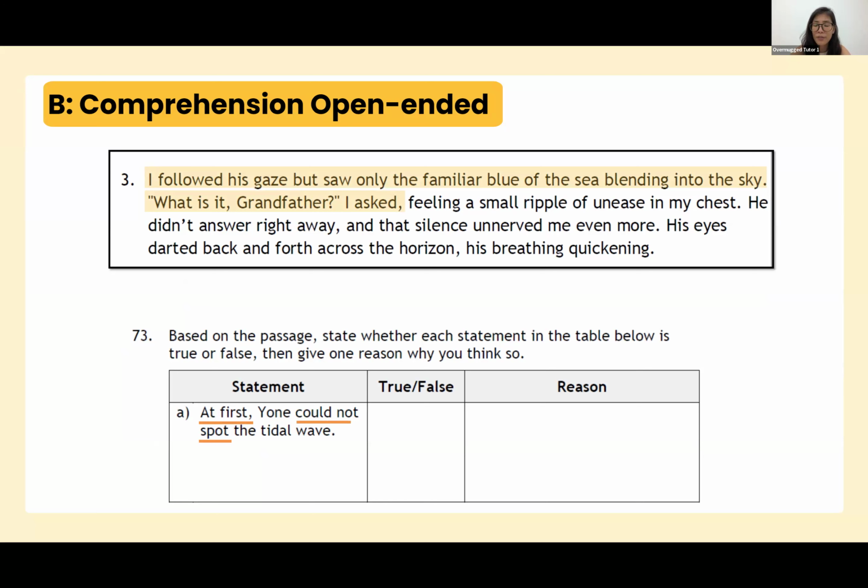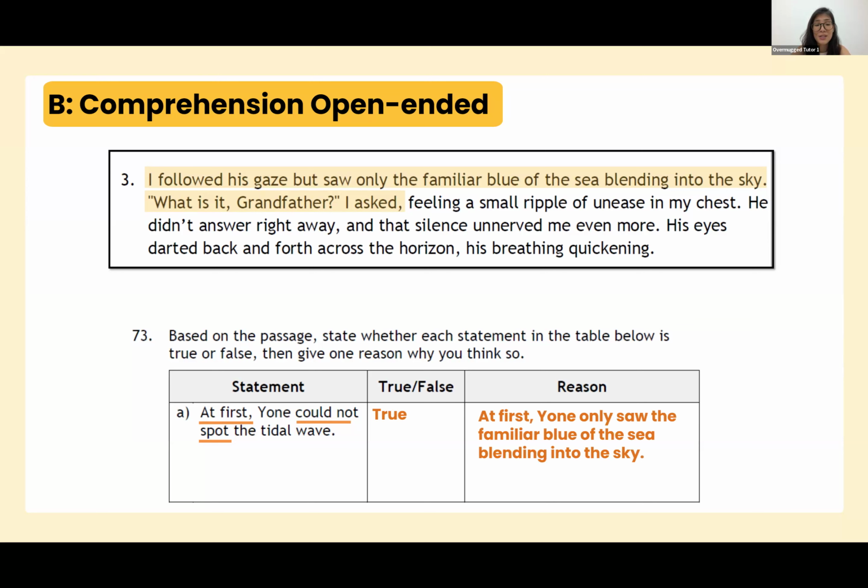What is it, grandfather? I ask." So in this case, if he asks the question, what is it? Does he actually know what he's looking at? The answer is, he could not spot it. And you know that he could not spot it because he only saw the familiar blue of the sky blending into the sea.